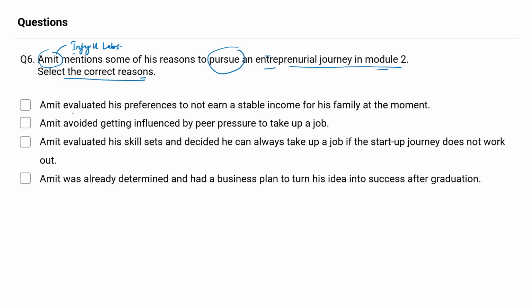The options given to you are: Amit evaluated his preference to not earn a stable income for his family at the moment. Amit avoided getting influenced by peer pressure to take up a job. He evaluated his skill sets and decided he can always take up a job if the startup journey does not work out. Amit was already determined and had a business plan to turn his idea into success after graduation.